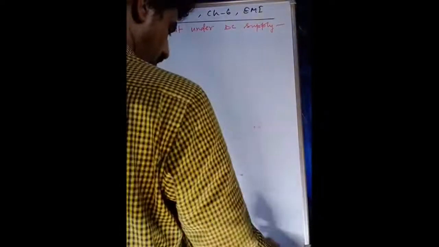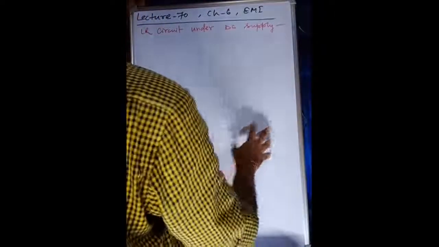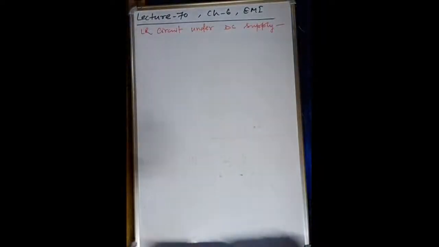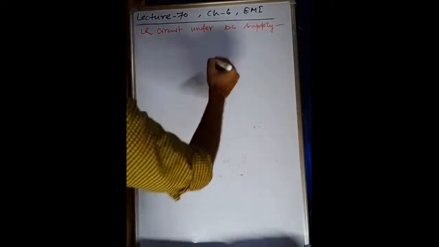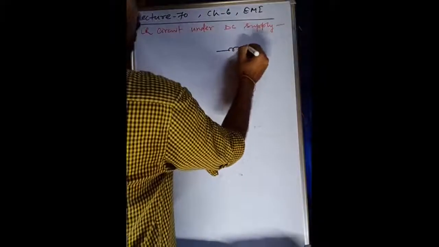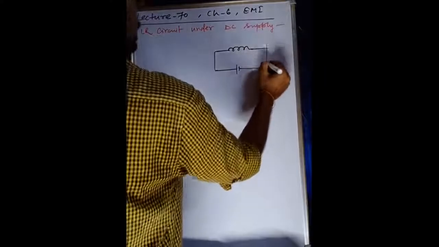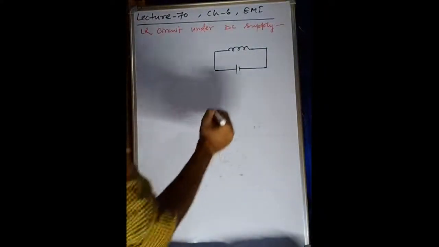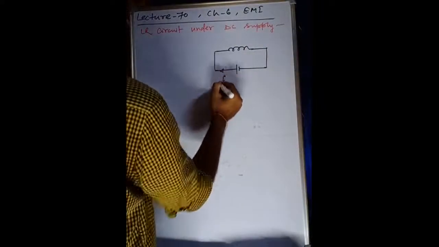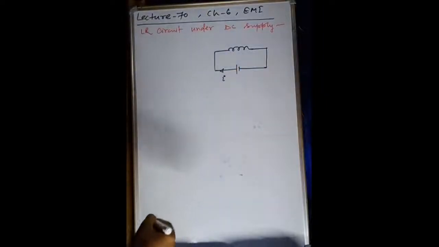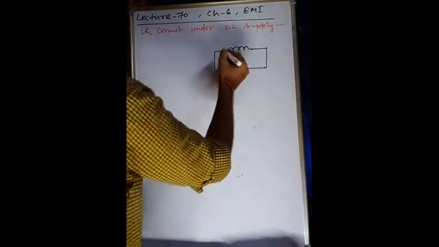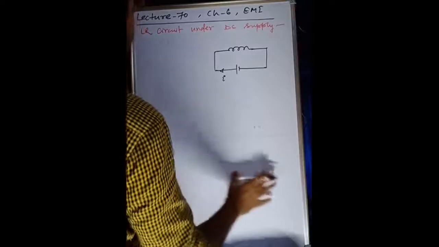Okay, yes, my dear student, try to recall what I told you earlier. If this is the inductor connected with a DC source, current is I. If this current is moving in this direction, increasing, what will be the direction of induced EMF?